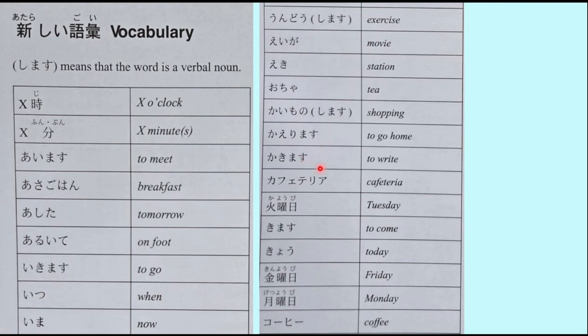Kakimasu, to write. Cafeteria, cafeteria. Then we have kayobi, Tuesday. Kimasu, to come. Kyo, today. Kinyobi, Friday. Getsuyobi, Monday. Kohi, coffee. Kora, cola. Then we have korekara, from now on.